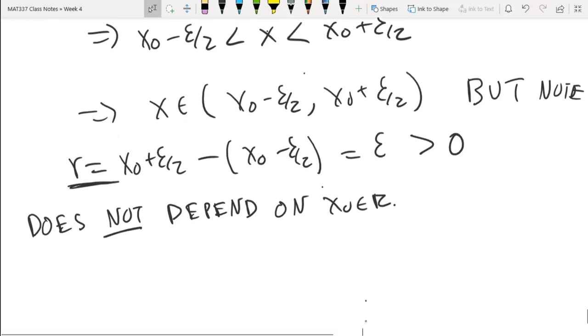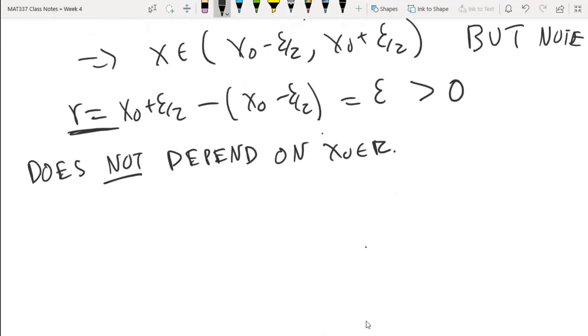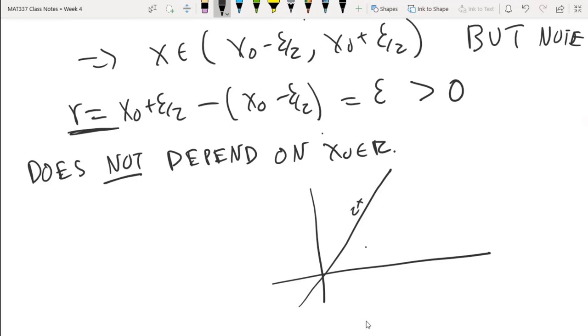So let's see what the picture is. So this is 2x. And you give any x naught. And you ask to be within epsilon precision.